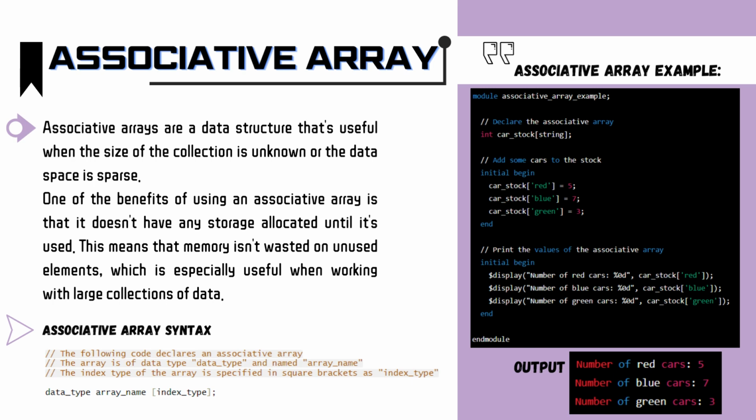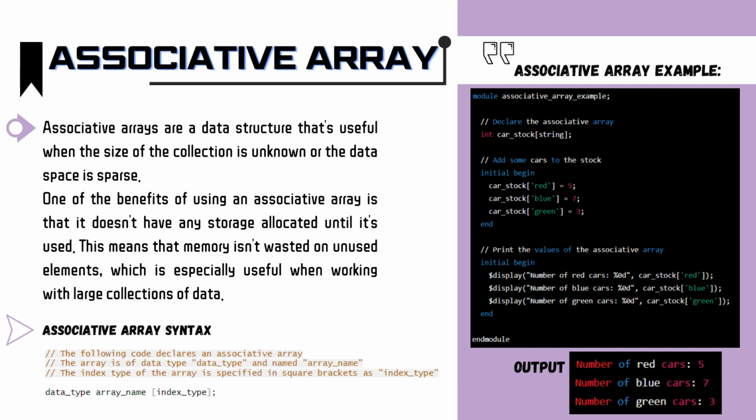Another advantage of associative arrays is that the index expression isn't restricted to integral expressions. It can be of any type, which makes it more versatile than other array types. This allows us to create arrays with string indexes, for example, which can be very useful in certain situations.